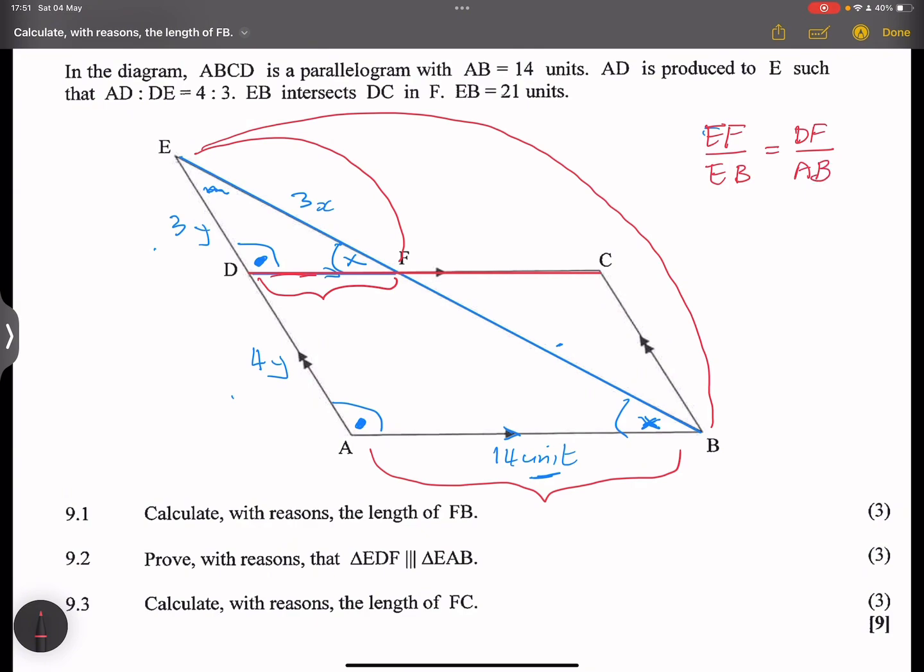And in this case, what was the reason for that? We know that this is the proportionality theorem. Sorry, I won't be able to fit that whole thing in there.